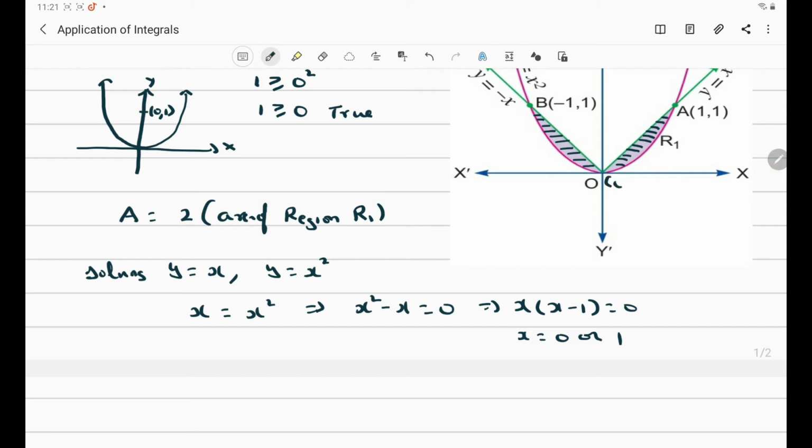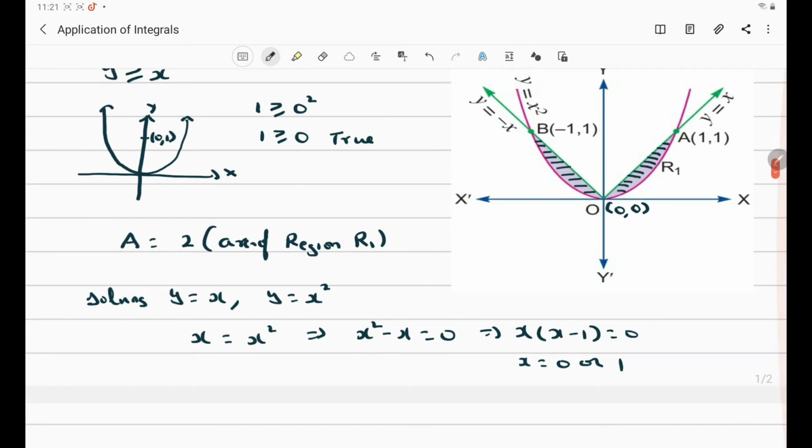At x equal to 0, from the equation y equal to x, y is also equal to 0. Similarly at point A, if x equal to 1, then obviously y will also be equal to 1 because the equation of the line is y equal to x. So we could get the point 1 comma 1 as the coordinates of point A.